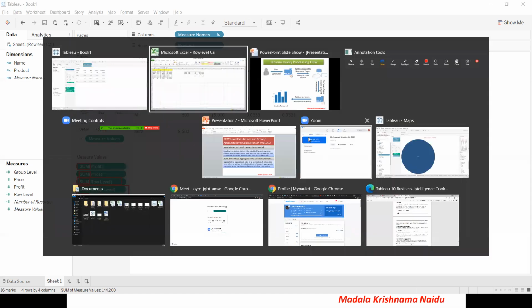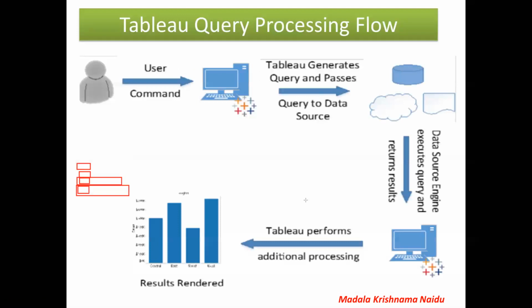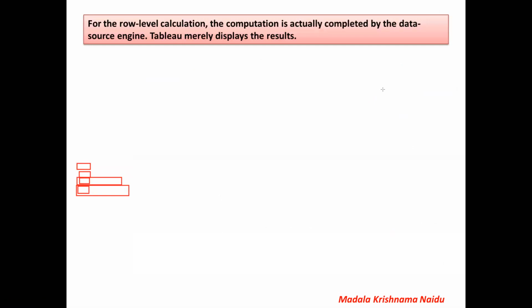Now we are going to see what the main differences are and which value is the correct value. Here you can see again the row level calculations. The computation is actually completed by the data source engine.